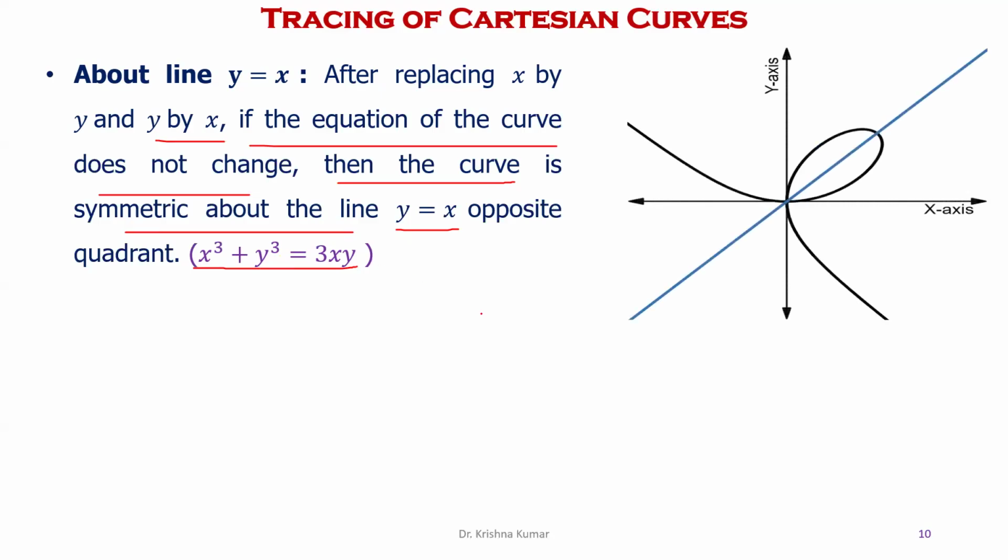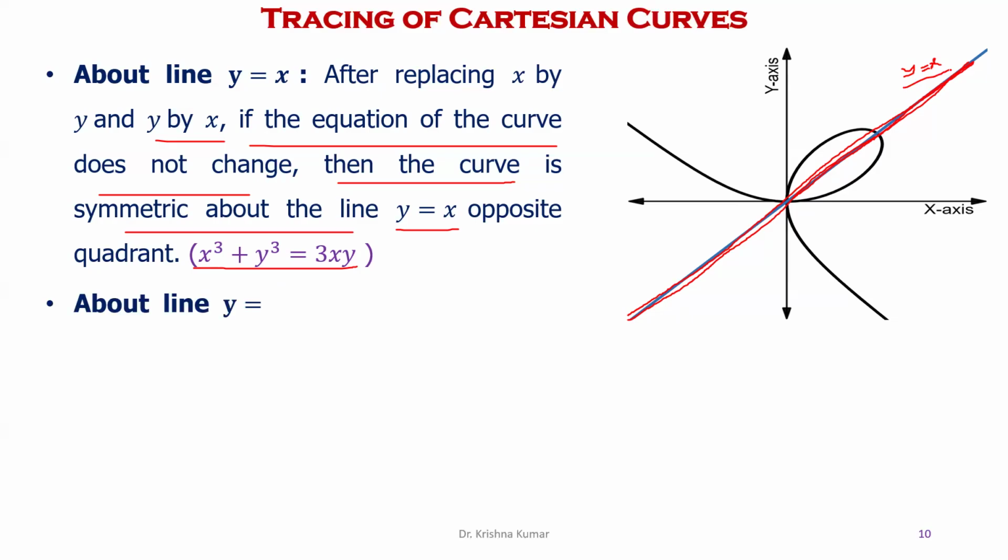Here, if we draw the line y equal to x, this line divides the whole curve into exactly two parts. So this curve is symmetric about the line y equal to x.